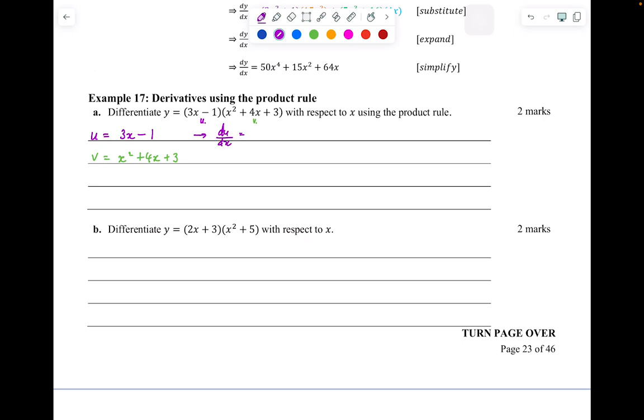So you can see the du/dx here. If we differentiate the u, it will turn into 3. And if we differentiate the v there, which is the dv/dx, that will turn into 2x plus 4. Now keep in mind that each of these expressions have brackets around them. So if we do multiply, then we need to place some brackets around them, including this top one here as well.